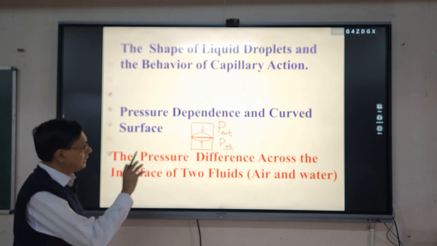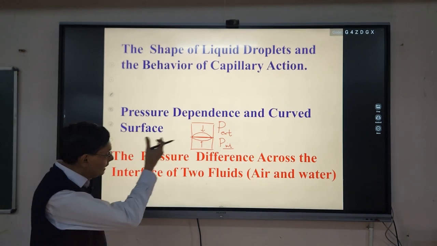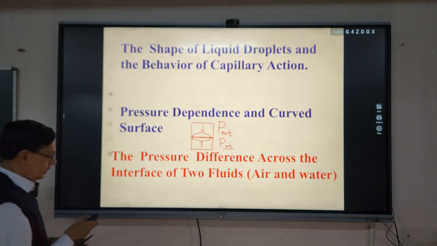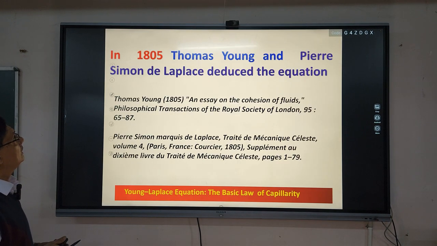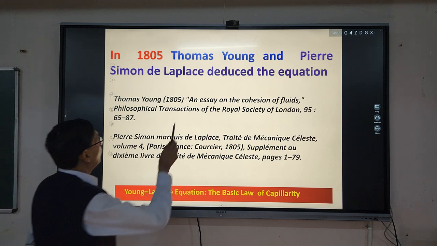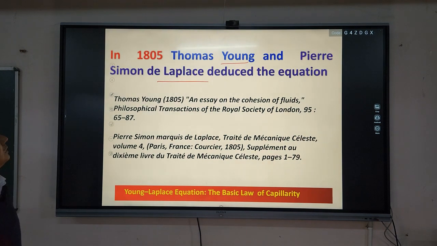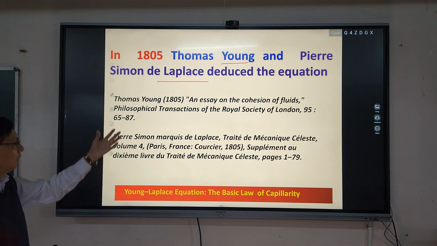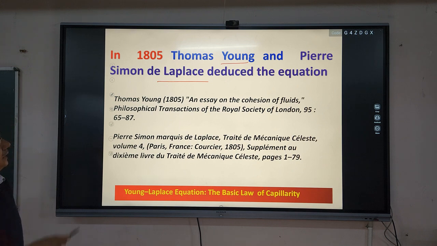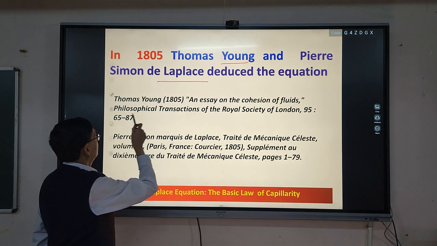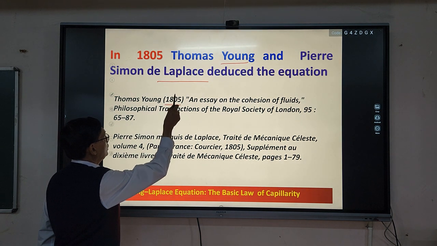And it also depends upon the surface area as well as the surface tension and other things. That type of equation is called the Young and Laplace equation, because this equation was derived by two scientists, one is Young, another is Laplace, and they published this paper in the Royal Society of London Philosophical Transactions in 1805.